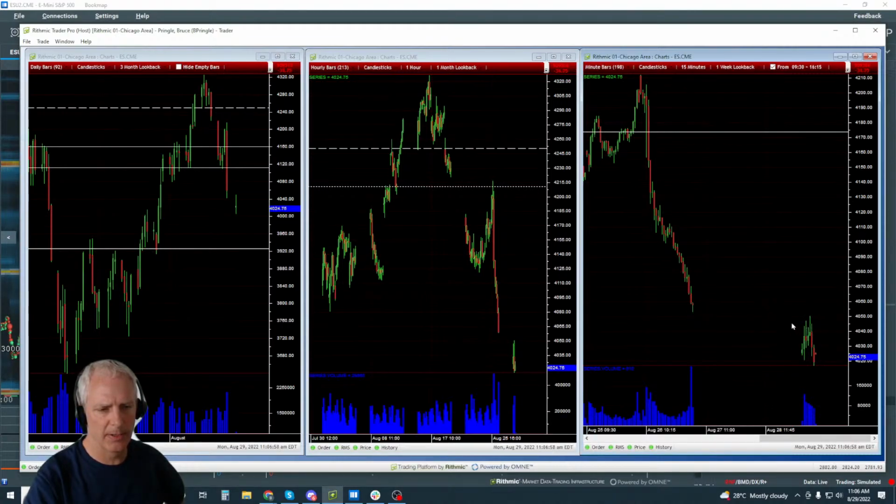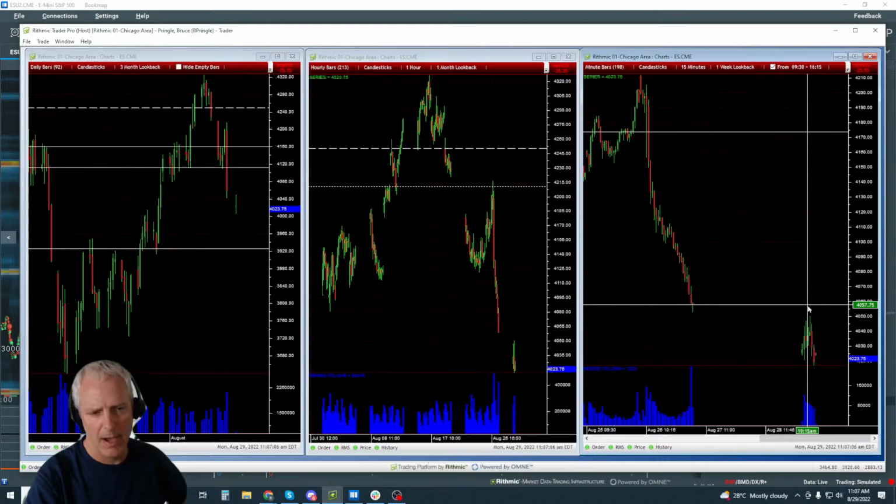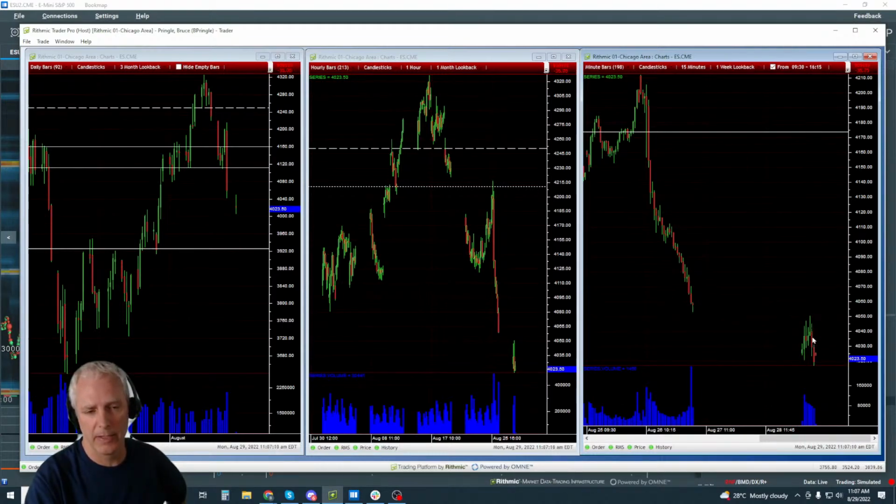Lots of wicks up here, and due to the wicks and more buying pressure coming in, we thought we'd get a little bit higher, and we were looking for that in the order flow, and then it just petered out, and the sellers came in and traded it through those areas.